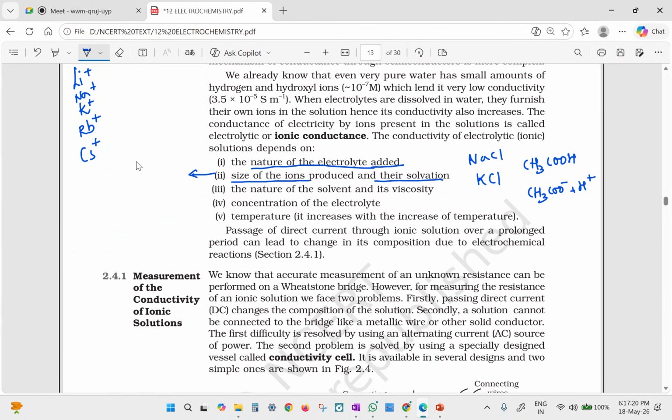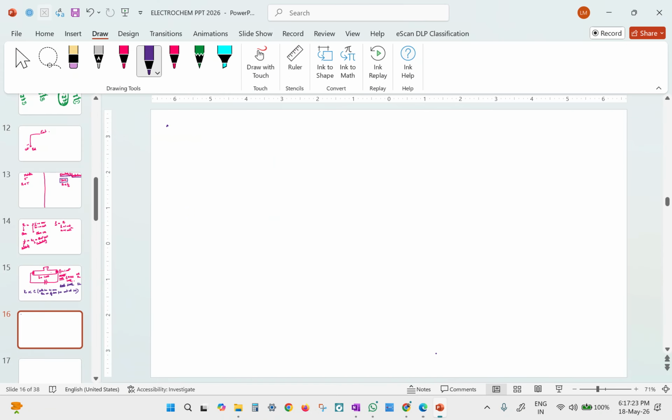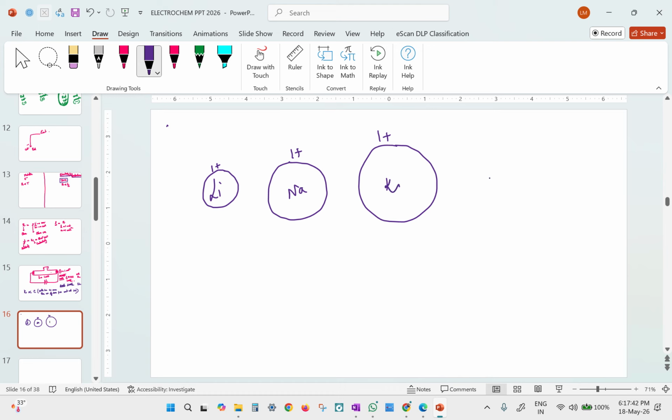The reason is that, assume that you have a lithium cation, it's small. So one positive charge is spread on a smaller surface area. When you go to sodium, one positive charge is spread on a larger one. Potassium, one positive charge on a larger surface area.